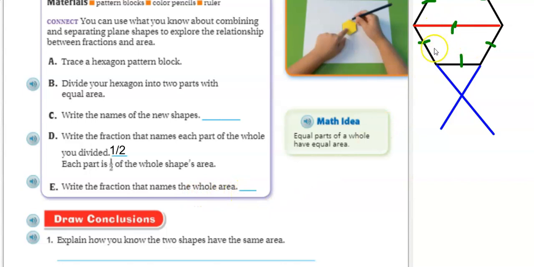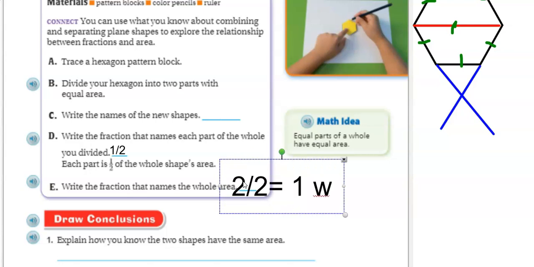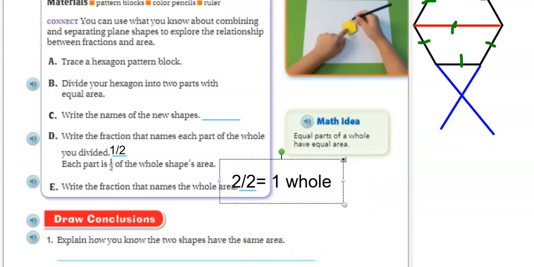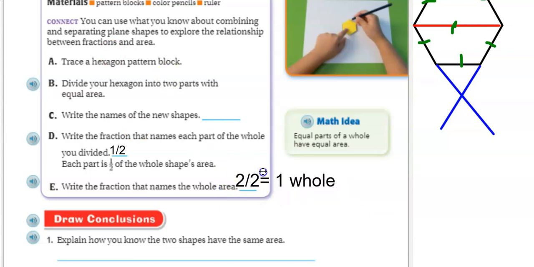So if I talk about 1/2 here and 1/2 here, then that would be 2 halves, which is equal to 1 whole. Okay, and I think you guys remember that because we've done a lot with fractions. So 2 halves is equivalent to 1 whole.